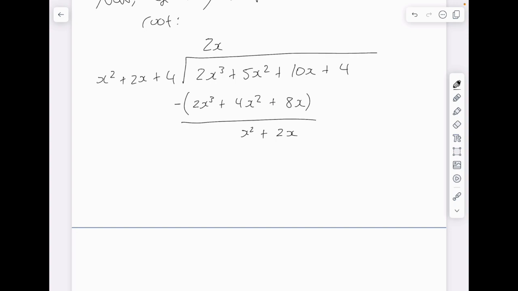Okay, and we're just going to have the plus 4 at the bottom here.